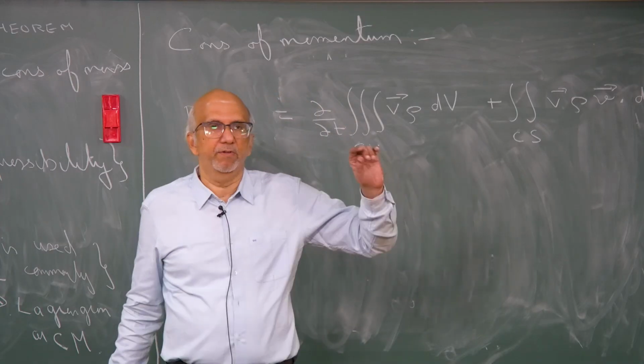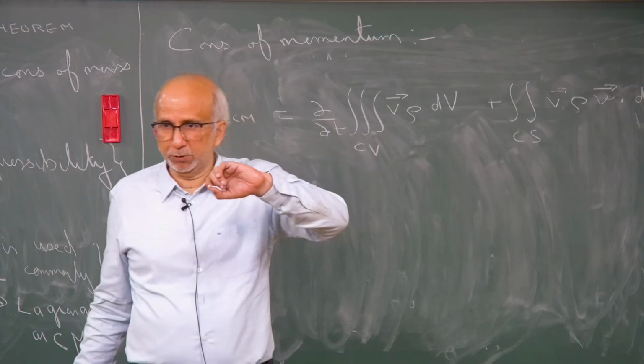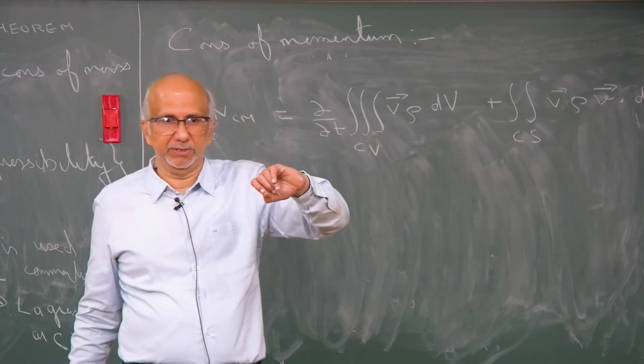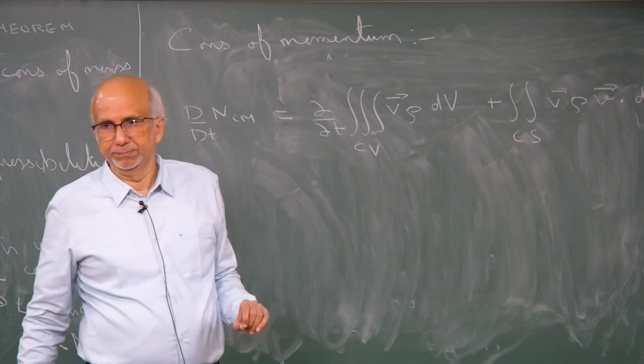What have I done? Wherever eta was there in the Reynolds transport theorem, I have substituted the velocity vector.